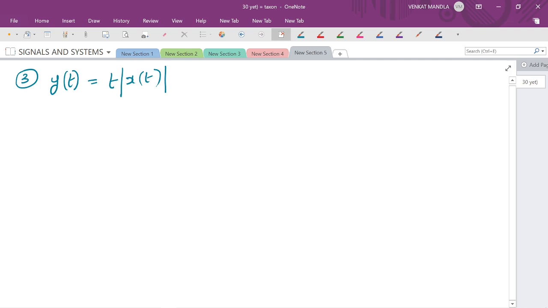So we'll check the linearity condition first. Now this x(t) is the input to the system. Now y(t) is the output, that is t mod x(t).